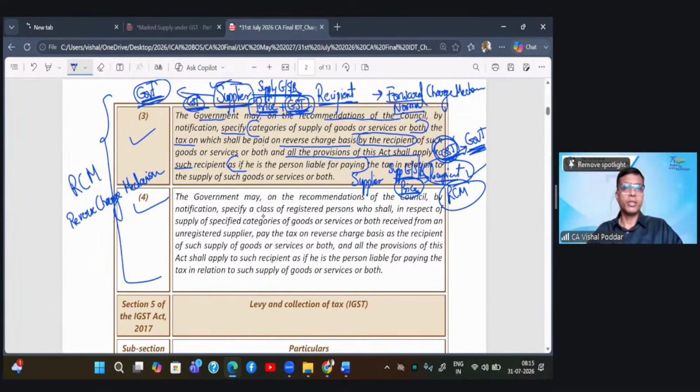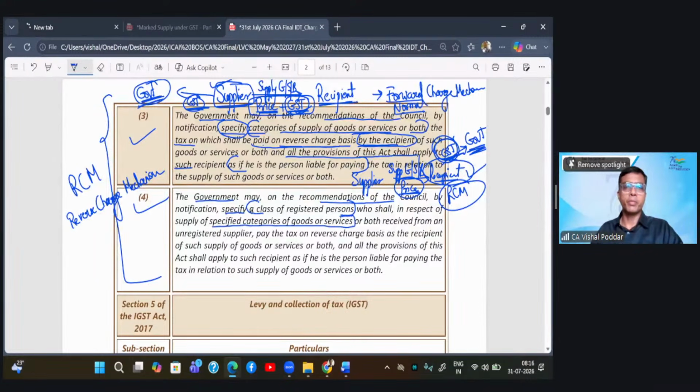So subsection 3 says we will specify on which supplies the recipient has to pay the tax. And in all those cases, the tax will be paid under reverse charge, which means by the recipient. Similar thing is provided in subsection 4. Again, the government, on the recommendation of the council, by notification, will specify a class of registered person who, in respect of supply of specified category of goods.